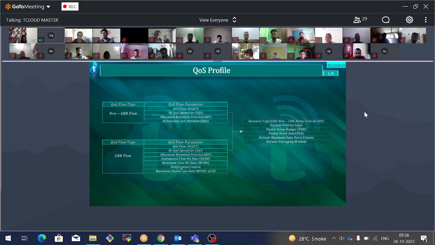Again, in this GBR flow, two parameters are optional, which are represented in the dashed line: notification control and maximum packet loss rate. The remaining things are mandatory. But if you observe one more thing, this 5QI is present in both these flow types, non-GBR flow type and GBR flow type. And 5QI itself is divided and contains multiple properties that are listed over here.